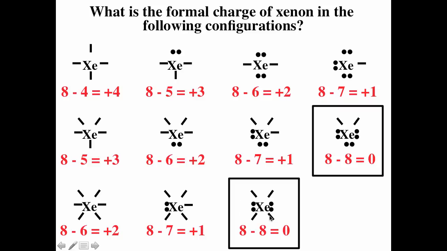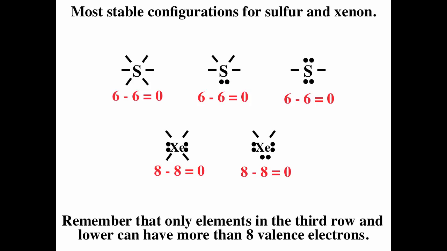And so we got 8 minus 1, 2, 3, 4, 5, 6, 7, 8. So that's the formal charge of 0. Even though we'd say that the xenon was surrounded by 2, 4, 6, 8, 10, 12 electrons. Elements in the 3rd row and lower can have more than an octet. And so these are the most stable configurations for sulfur and xenon.